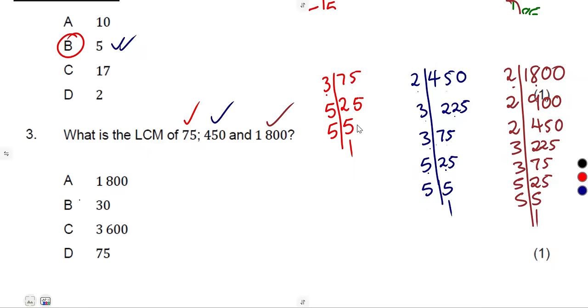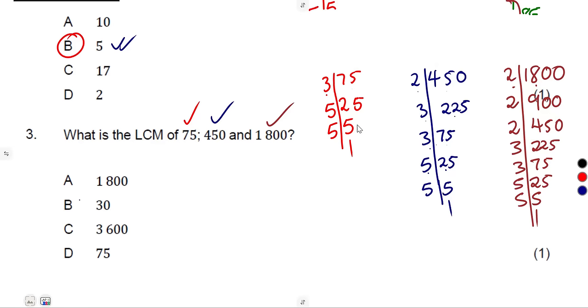So from the given numbers, the LCM this time is not about whether the number is common or not. It is about any number that is given there. As long as you can see that number, it must be part of your answer.